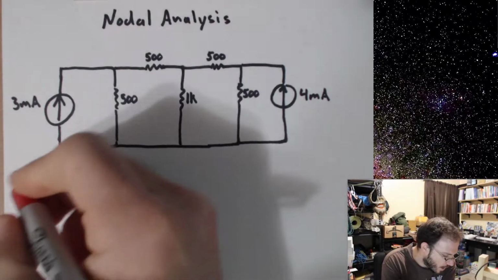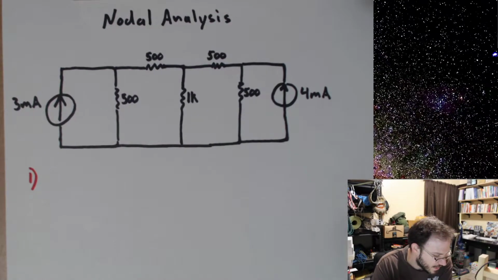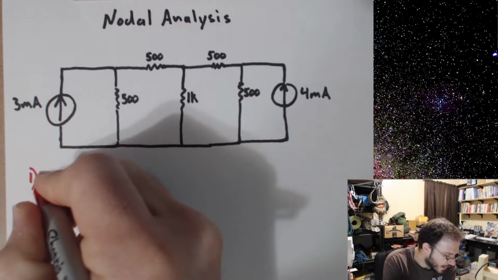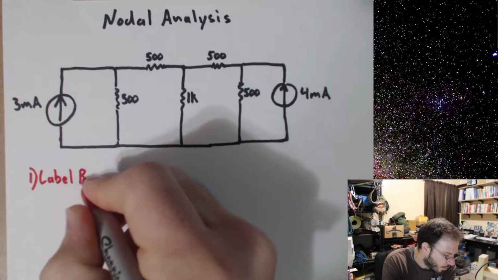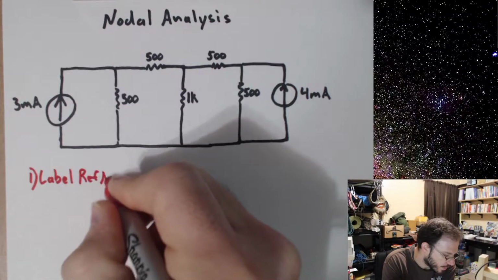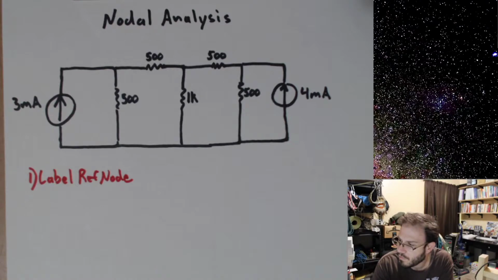For our first step in this nodal analysis technique, we're going to label a reference node, and we're going to label it using the ground symbol. We pick a point on our circuit.